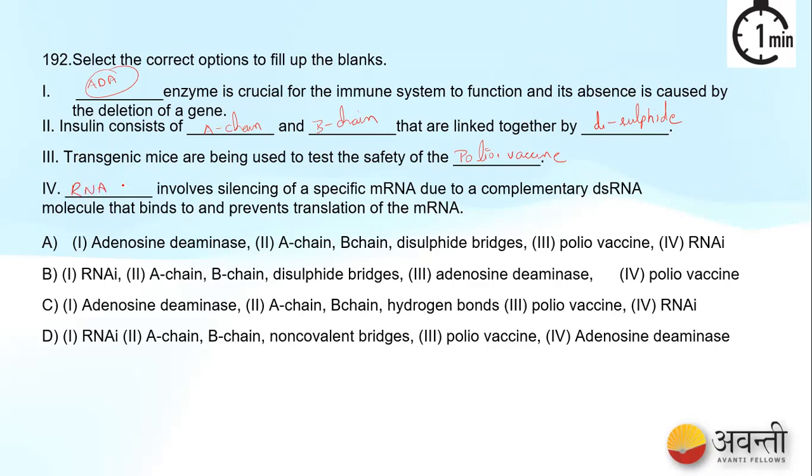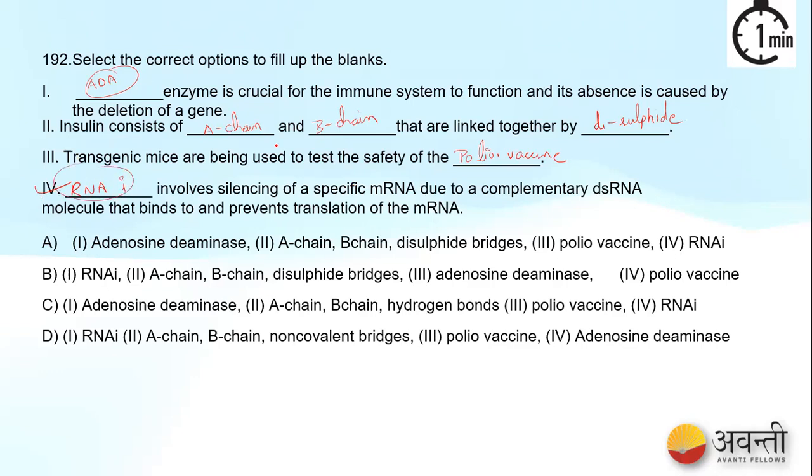Basically, by inserting this gene into the host, they produce alternate forms of this RNA, which would complement the RNA of the nematode, so basically neutralizing the nematode. That is why this technology, RNA interference, is also called gene silencing technology, and it is used in tobacco plant. So it is RNAi technology.